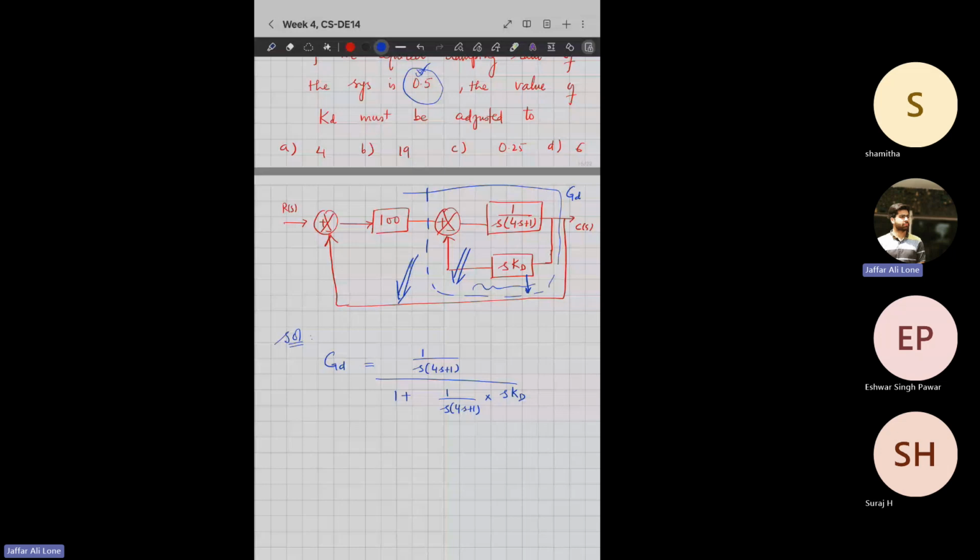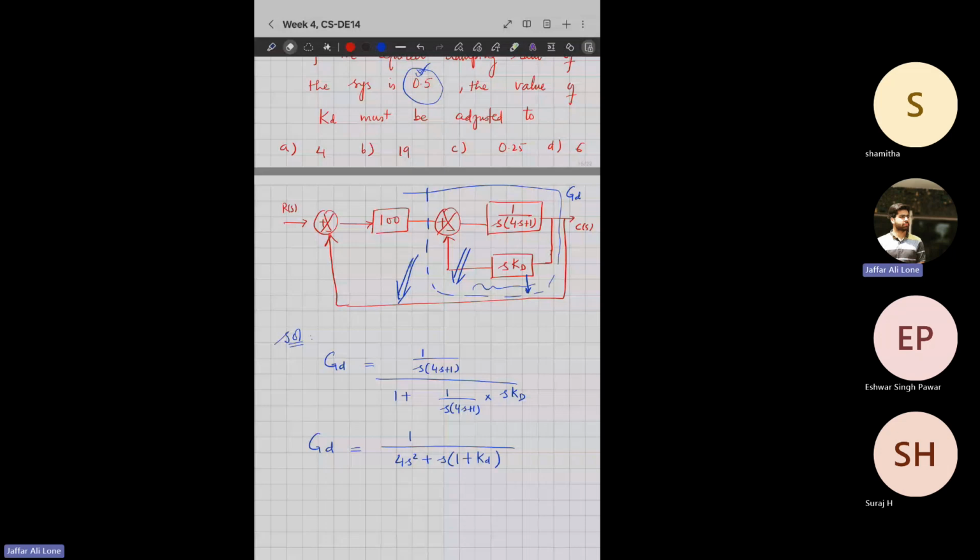Same thing, GS divided by 1 plus GS, HS. Perfect. So when you solve it, you will get GD to be equal to 1 divided by 4S square plus S into 1 plus KD. Perfect. I'll write capital D.